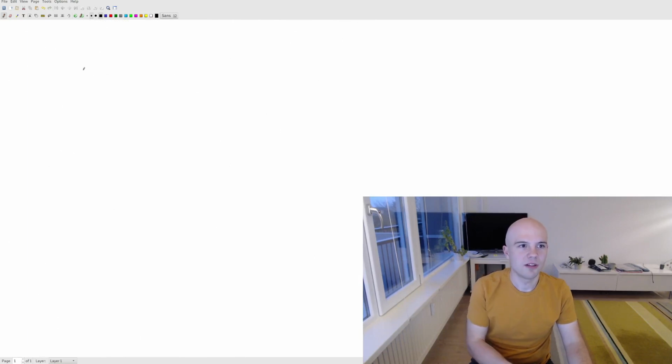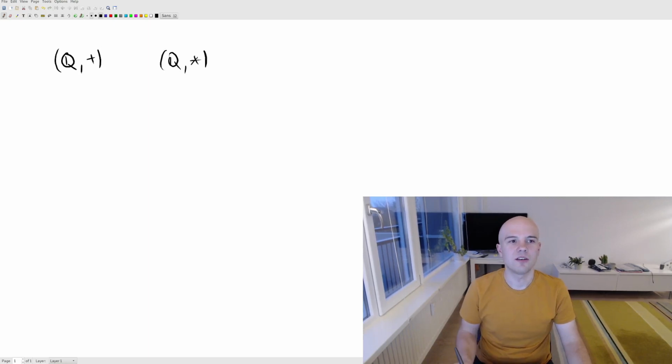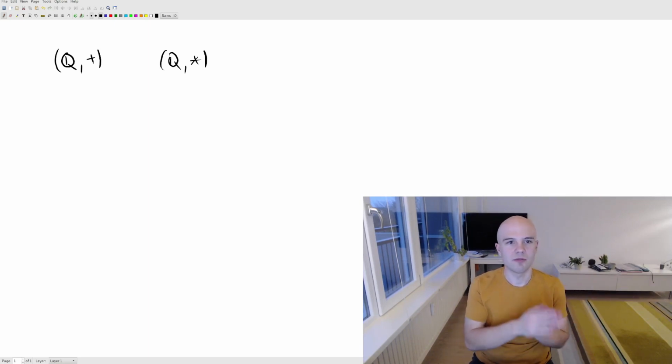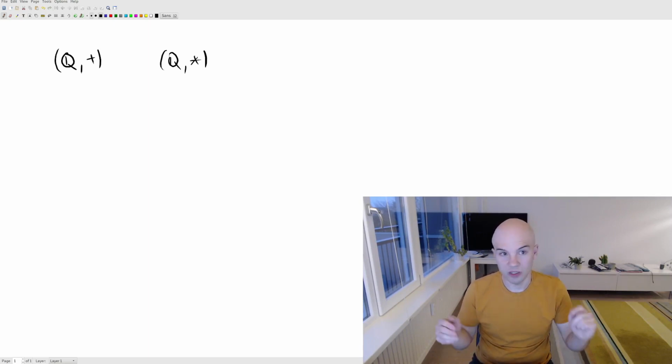For example, think of the rational numbers with the plus and the rational numbers with the times. Rational numbers with plus, that's an additive commutative group, and the rational numbers with the multiplication is a commutative monoid.